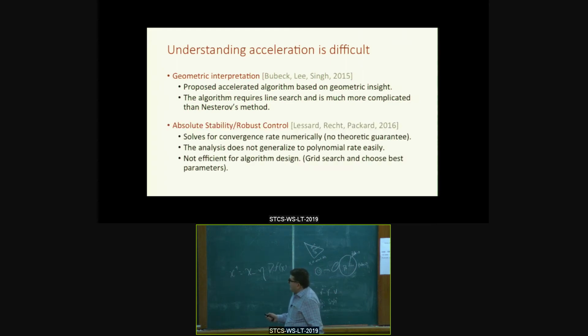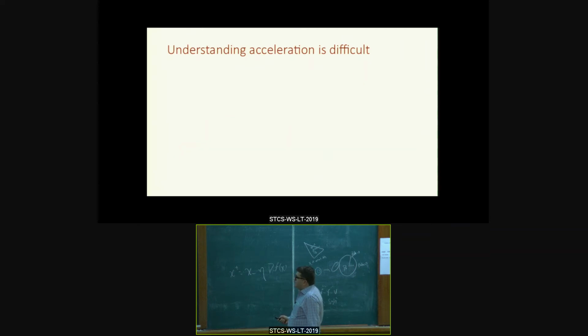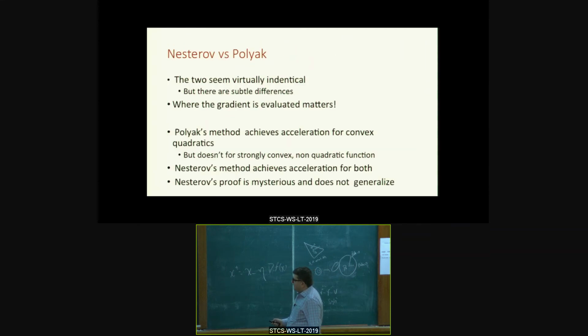Then there was this interesting paper by Laurent Lessard and Ben Recht and Andy Packard from a few years ago, which sort of explained this phenomenon that I mentioned, that Polyak's method works for quadratic functions, but somehow it doesn't work for strongly convex functions that are upper and lower bounded by quadratics.